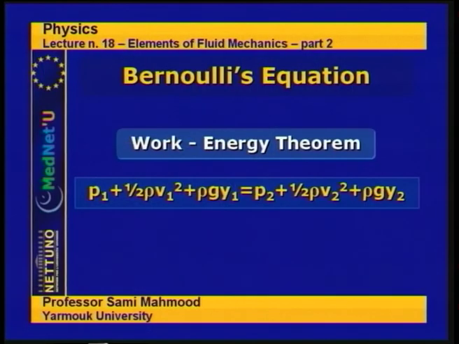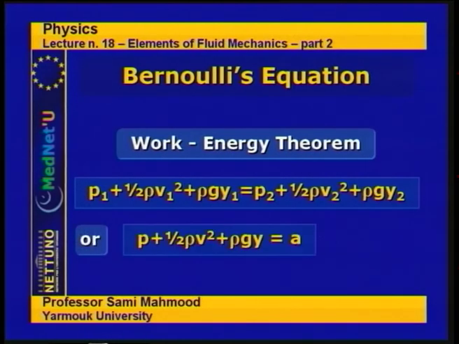So calculating the work done and using the work energy theorem, we arrive at this equation: P1 plus 1/2 rho V1 square plus rho G Y1 equals P2 plus 1/2 rho V2 square plus rho G Y2, or P plus 1/2 rho V square plus rho G Y is equal to a constant.